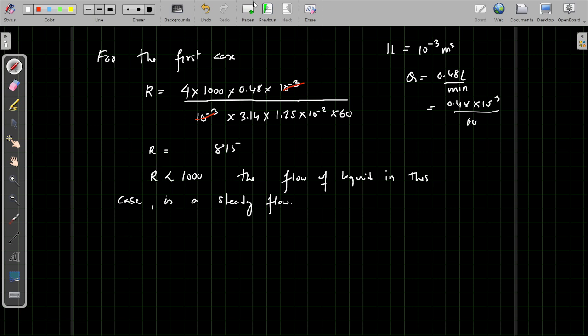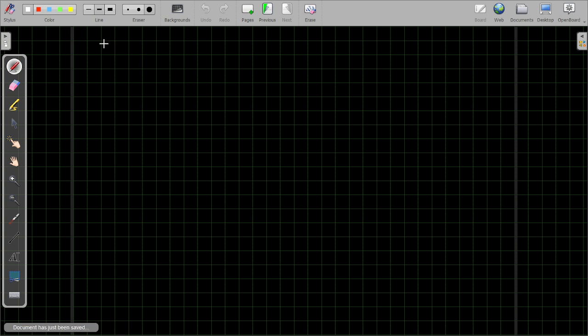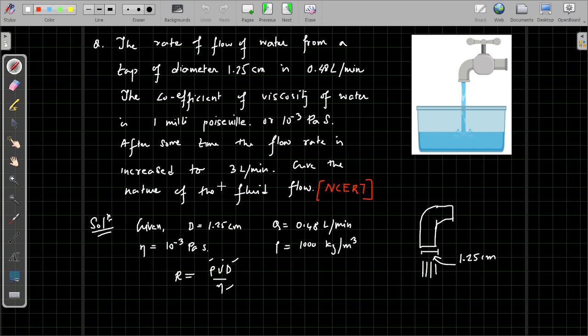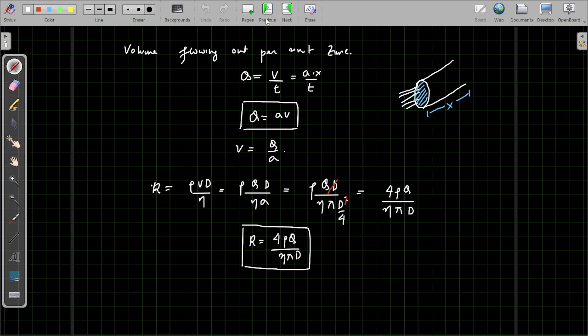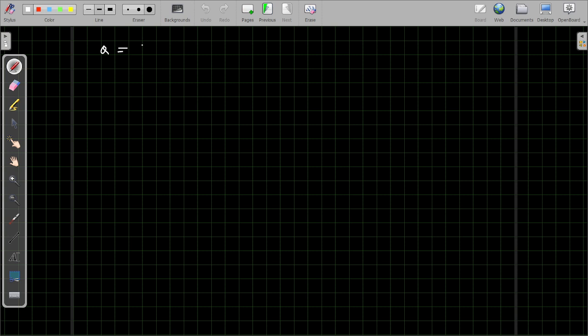Now for the second case. Q is provided to us as 3 liter per minute. So 3 liter per minute means 3 liter by minute. That should give me 3 into 10 to the power minus 3 divided by 60.